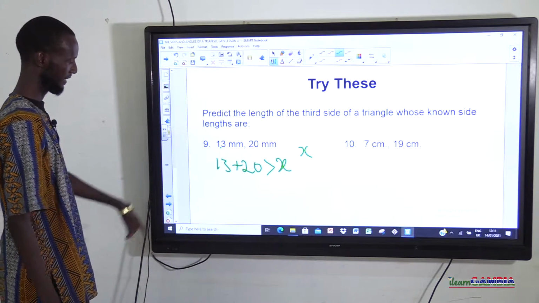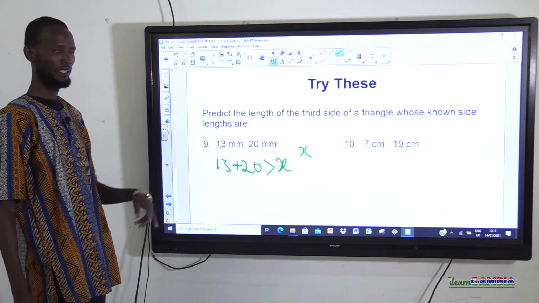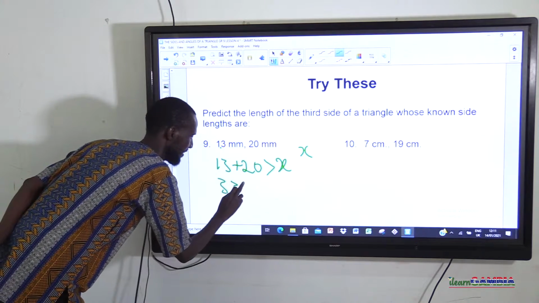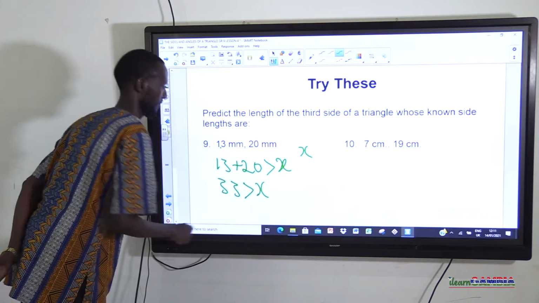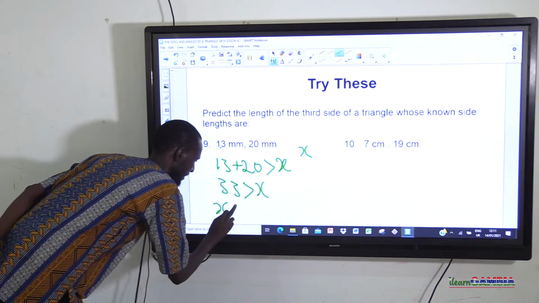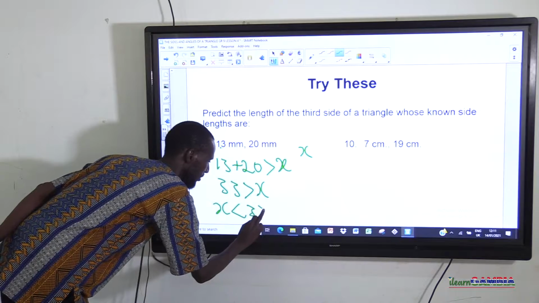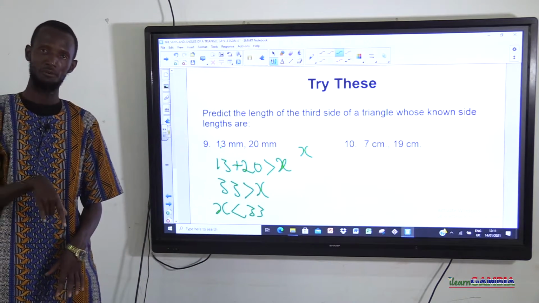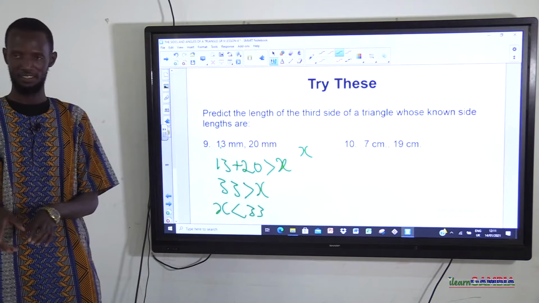That gives you 13 plus 20, which is 33, greater than x, which means x has to be less than 33. So now we know one condition, that our third side will have to be less than 33.